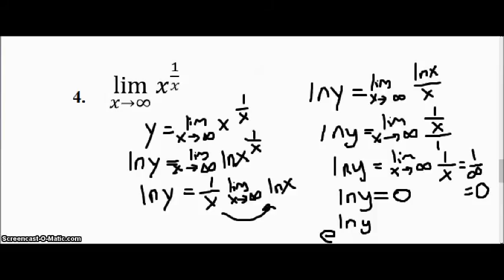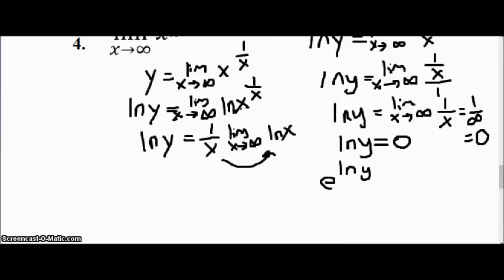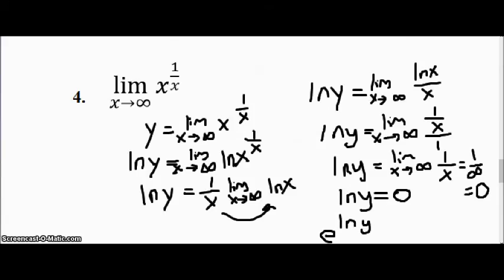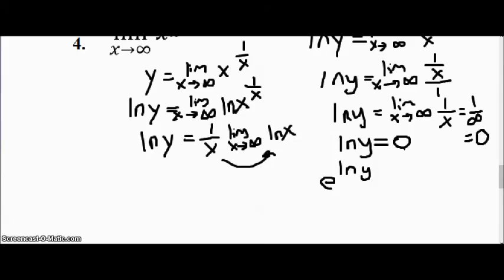So basically, we just raised this to e to the ln of x to the 1 over x. But now we know the limit of ln of y is equal to 0, which means we can legally substitute 0 into ln of y. So we get e to the 0, which is equal to 1. So our limit is 1.